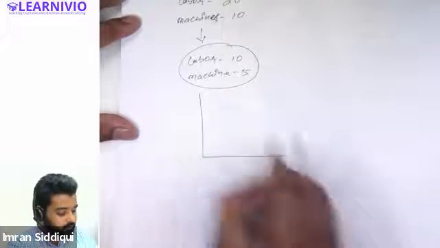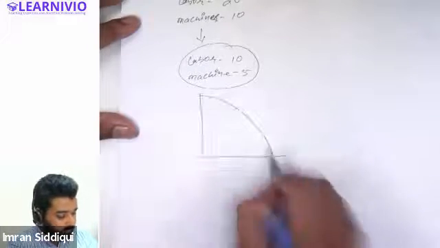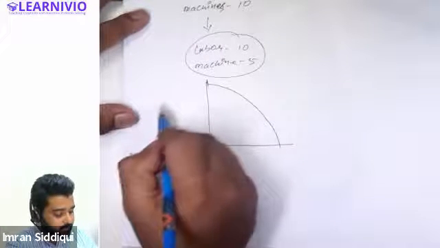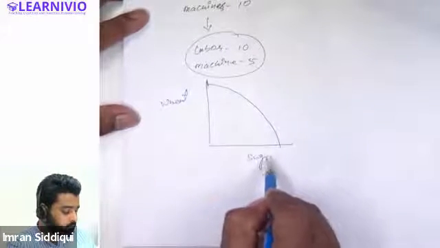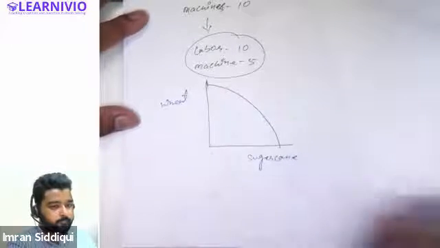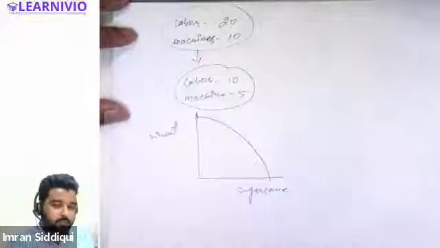Suppose we have drawn this curve, and suppose this is a production possibility curve, and on this curve we are showing the production of wheat and sugarcane. See, what is the total amount of resources with the producer?